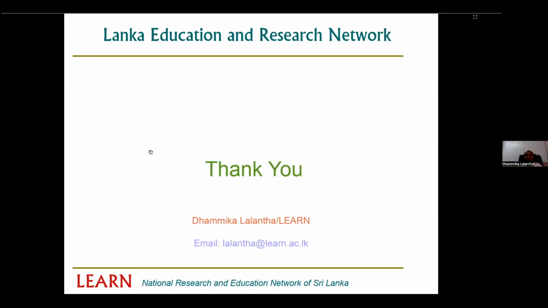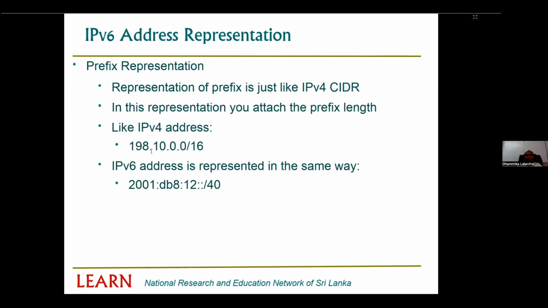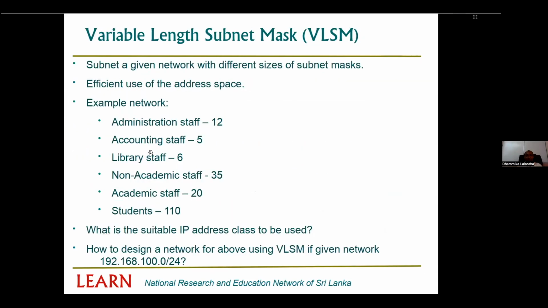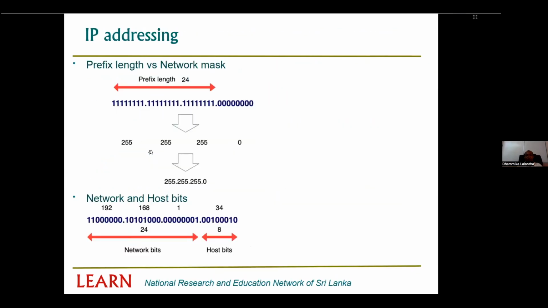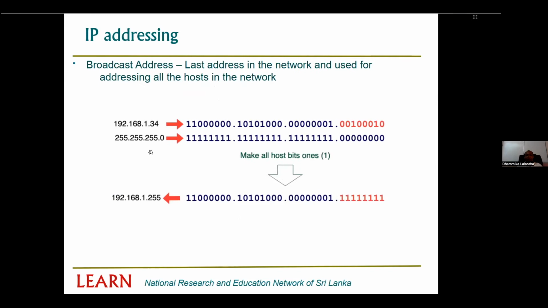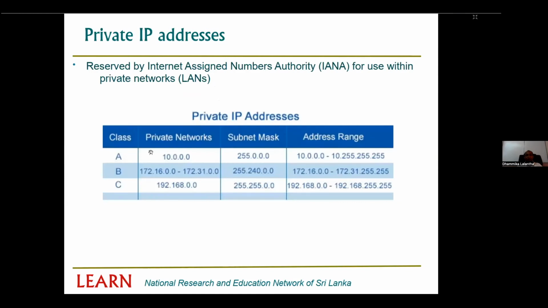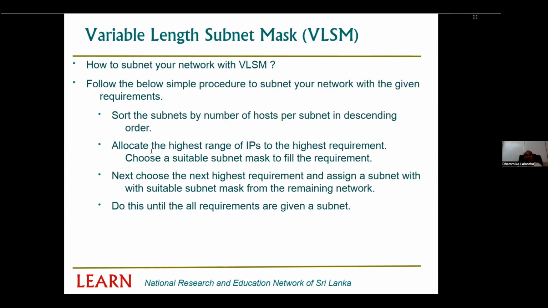So that's my simple presentation about IP addressing, IPv4 and IPv6 addressing. We talked about IP addressing, how to find the network address and broadcast address, how to do subnetting, what the IP address classes are, and how to do variable length subnet masking.